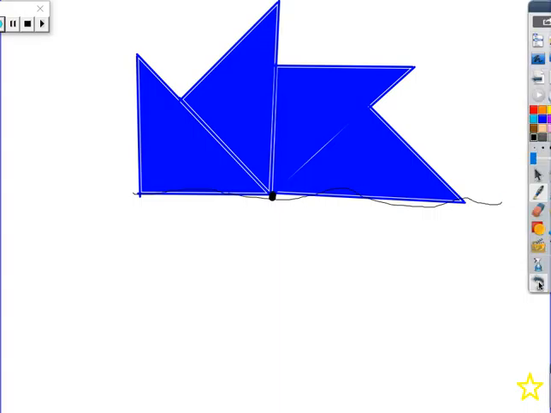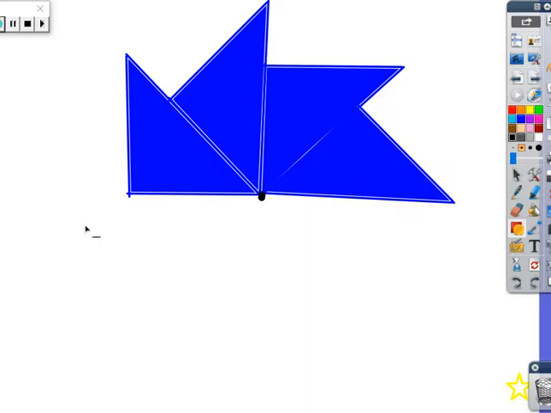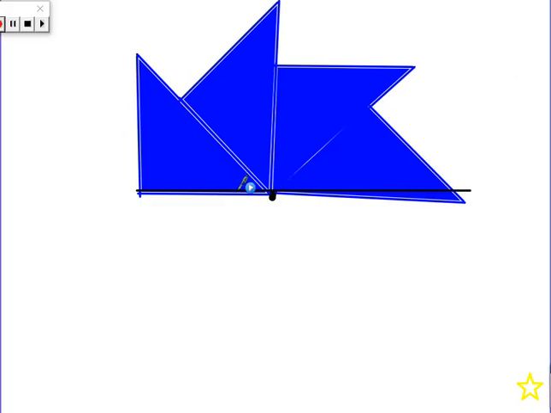Let's do that again. Notice that my line is pretty straight there. So what do you think I have for degrees from this point all the way to that point? How many degrees do you think I have?